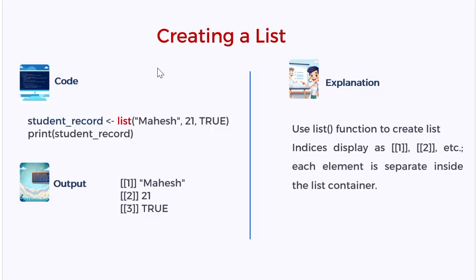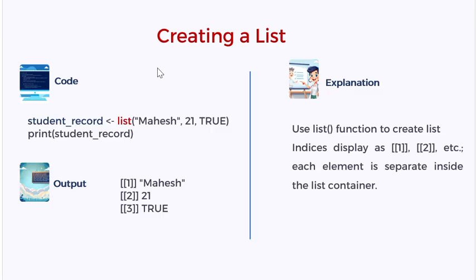Just like list, which is one of the built-in functions in R, in order to display the contents, we have a method called print. So print is a method which helps to display the contents on your screen or in your output terminal. So you can see the explanation here. Use the list function to create a list.